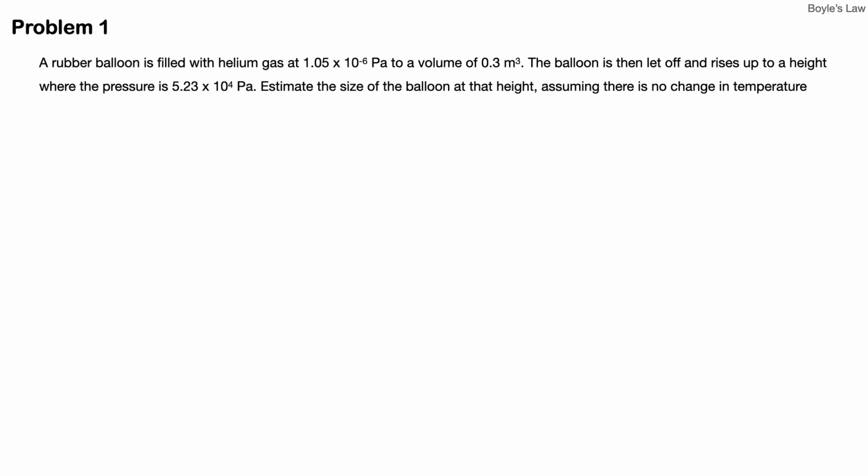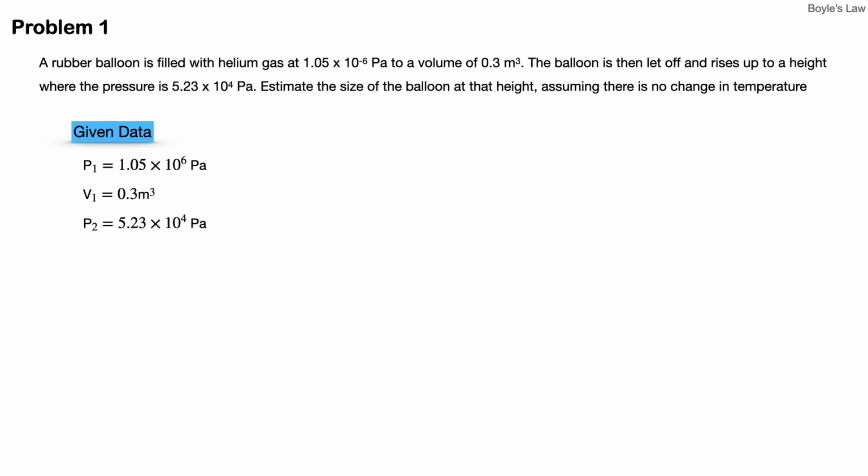So when there is no change in temperature, we apply Boyle's law. The given data is initial pressure is equal to 1.05 times 10 raised to the power 6 pascals, initial volume is 0.3 cubic meters, and final pressure is 5.23 times 10 raised to the power 4 pascals.